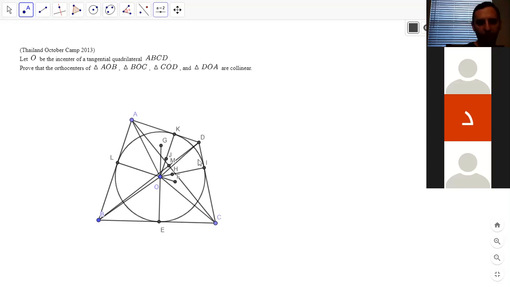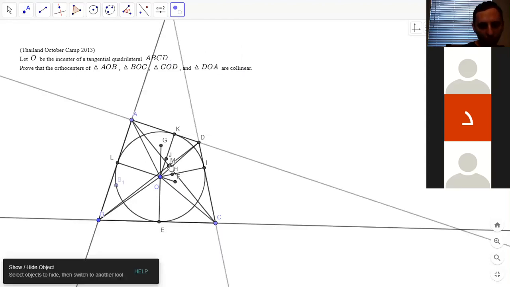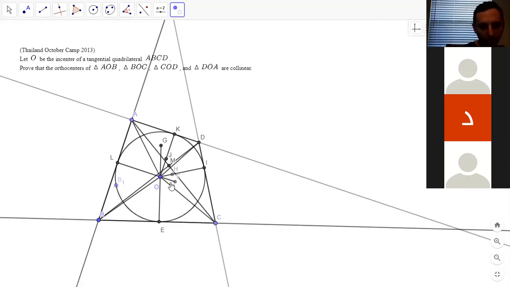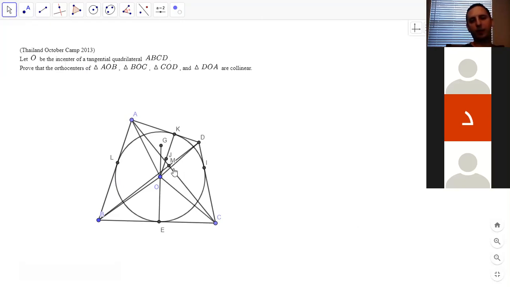So yeah, I only need to draw two of the centers. So do you want me to draw BOC and G and J? G and J are enough. G and J? Okay. So H and F, actually, they are not enough, because we know that G, J, and M are collinear, but the others could be collinear with M, but that doesn't mean all four are collinear.